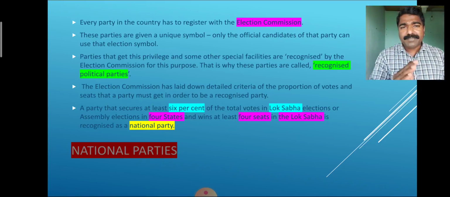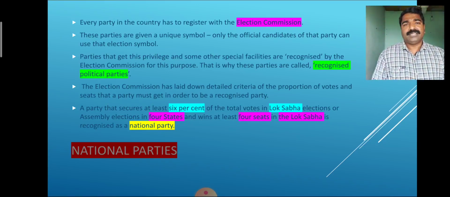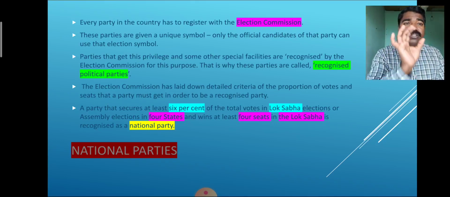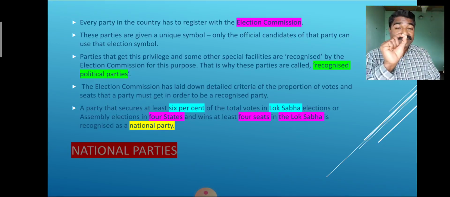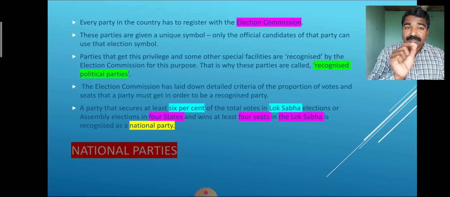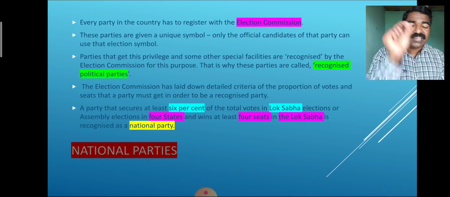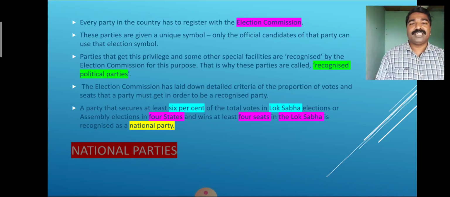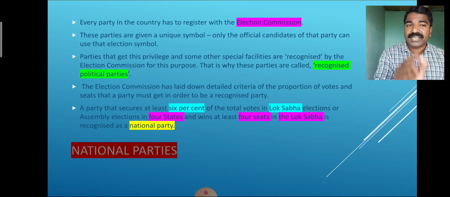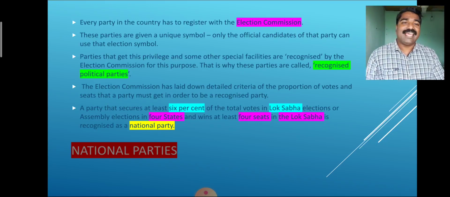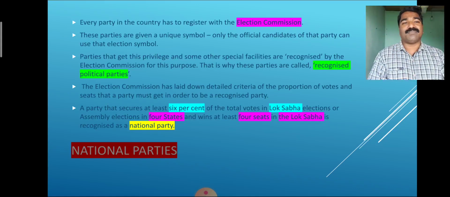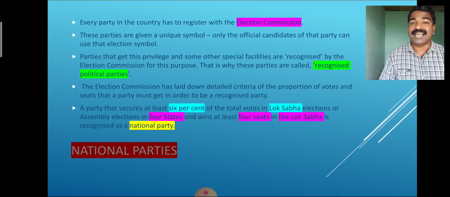Which party can be called a national party? A party that secures at least 6% of the total votes in Lok Sabha elections or assembly elections in 4 states, and wins at least 4 seats in the Lok Sabha, is recognized as a national party.